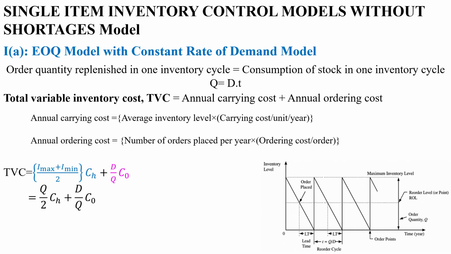So TVC equal to (I max plus I minimum) divided by 2 into CH, which is the annual carrying cost, plus number of orders D by Q into ordering cost C0. Then TVC equal to Q by 2 into CH plus D by Q into C0.